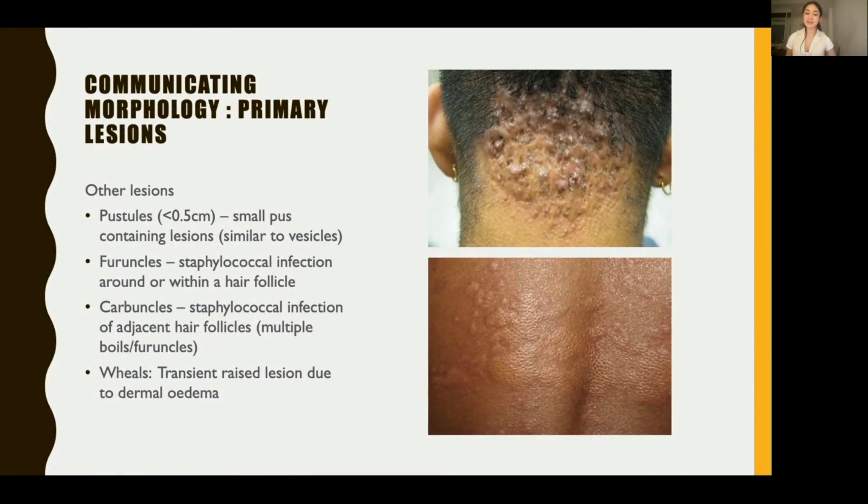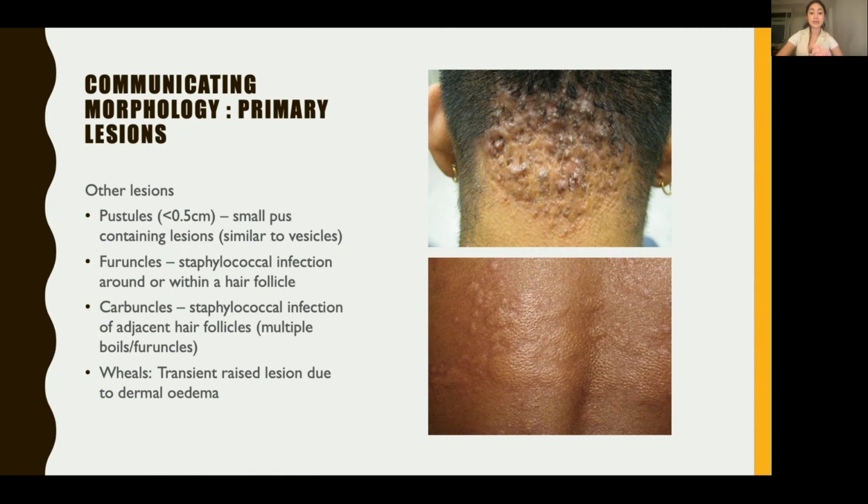Next slide. So back to communication. Other lesions include pustules. Pustules are less than 0.5 centimeters, and they are like vesicles, but they have pus within them. Furuncles are caused by staph infections around or within a hair follicle. Carbuncles are just multiple furuncles, really. And wheals are transient raised lesions from dermal edema.